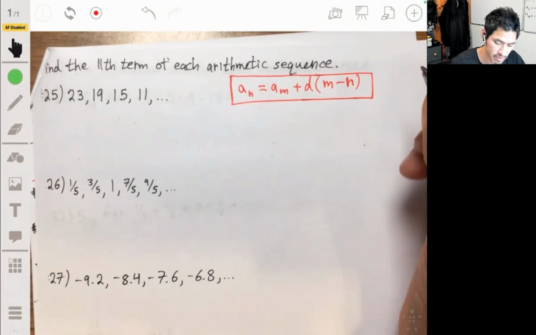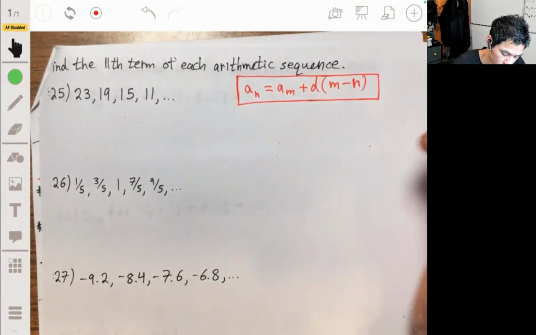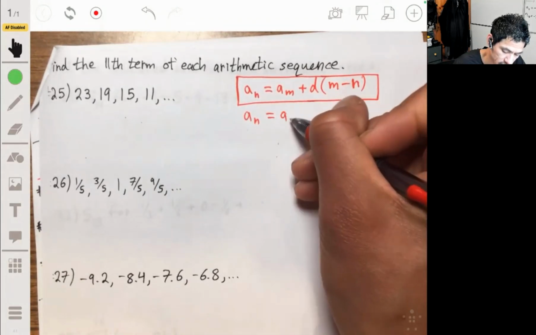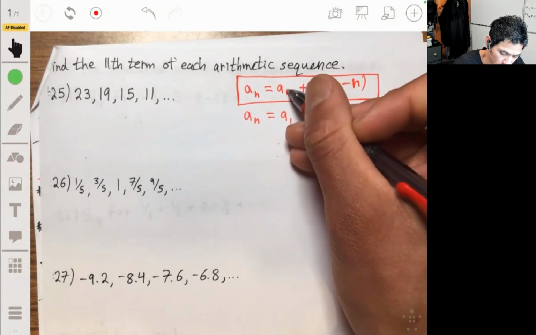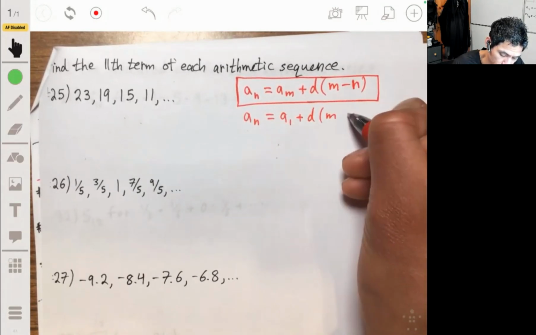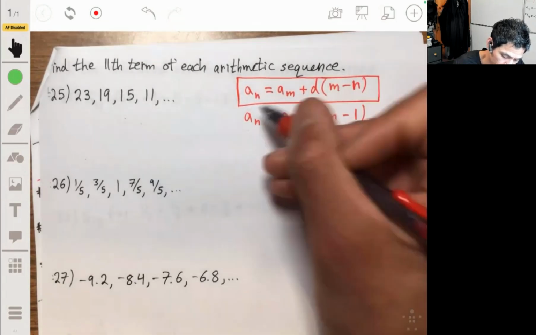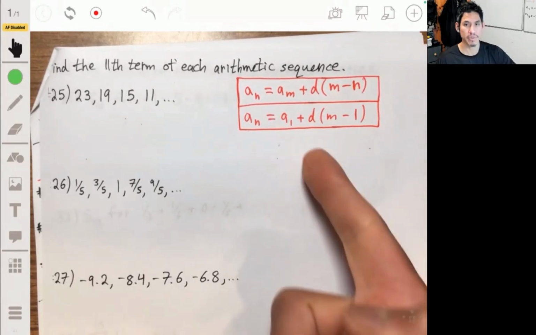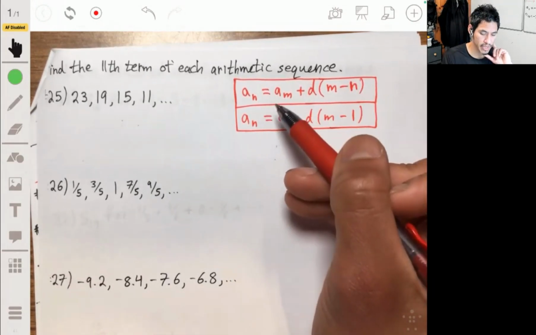Now, you may see it, or maybe your teacher gives it to you like this, where instead of am, they just write a1. I usually show my students the first one first, because I want them to understand that the m doesn't matter.